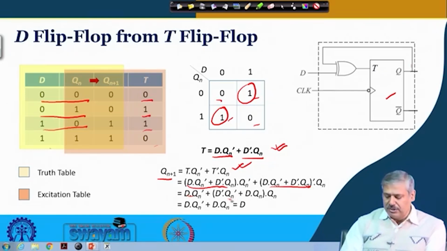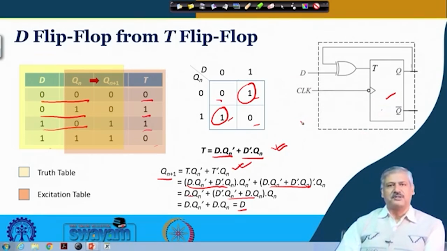Then we go through the steps, and we can see that it is nothing but D. So, Qn plus 1 eventually becomes D. This is the way we can see that it is the T flip-flop and this is the D flip-flop. So, this is a simple synthesis problem.